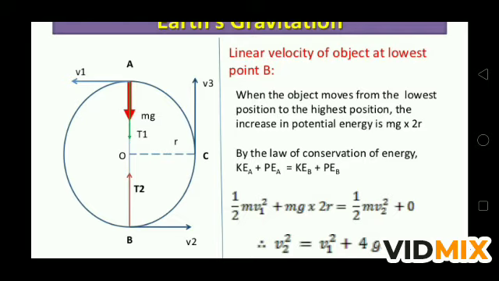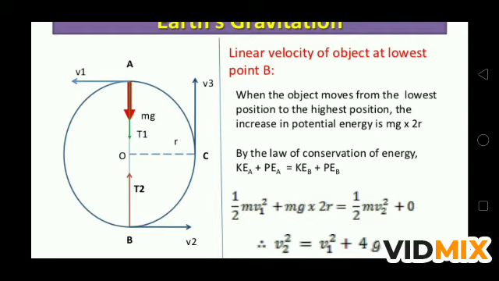So kinetic energy plus potential energy at point A must be equal to kinetic energy plus potential energy at point B. So half mv1 square plus mg into 2r, which is the total height, is equal to half mv2 square plus 0. At point B the height is 0, so we have taken h as 0.